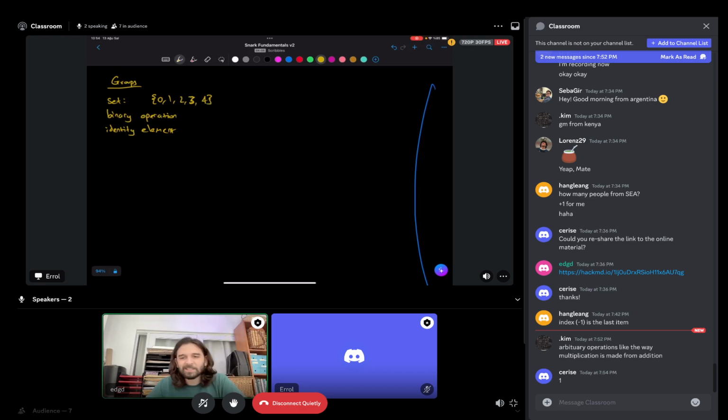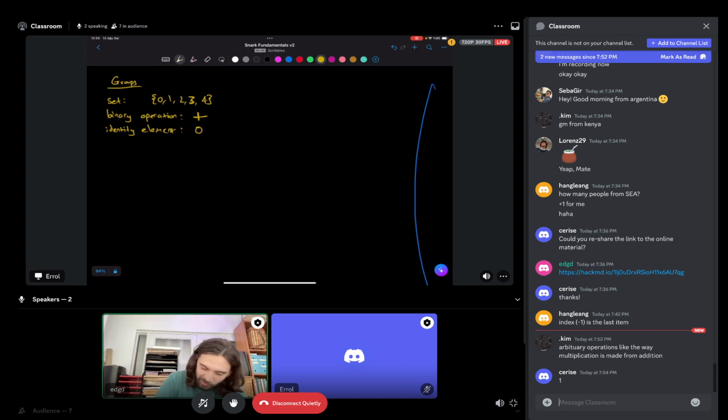And I say the set was the modular addition, but the set is actually just the numbers. Modular addition applies a bit more structure and tells us one way that we can wrap these numbers together. But it's actually our binary operation that's going to determine how things work. And in our example, we can do this plus, the addition, and the identity element, like I said, it has to be the one that does nothing, which is going to be 0.